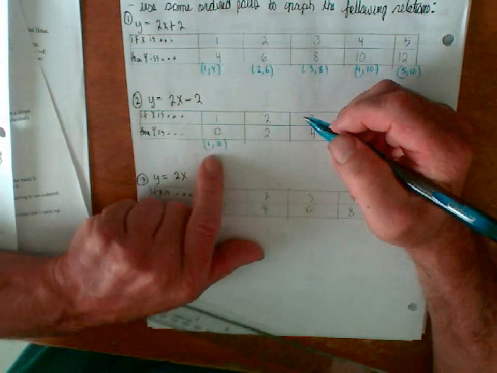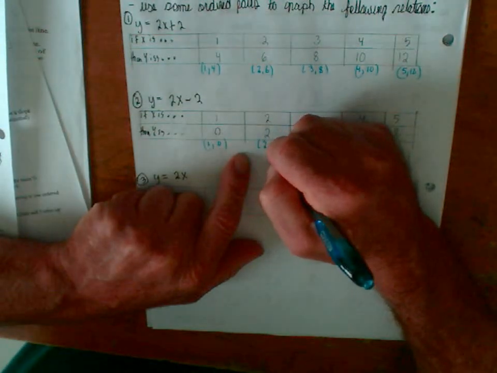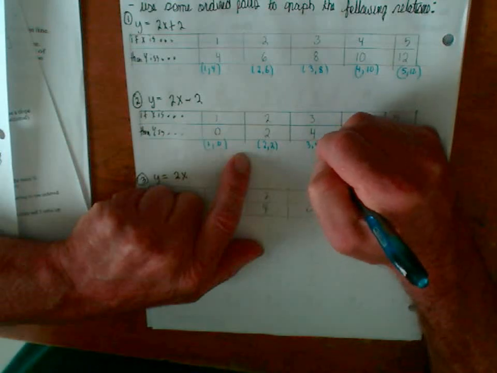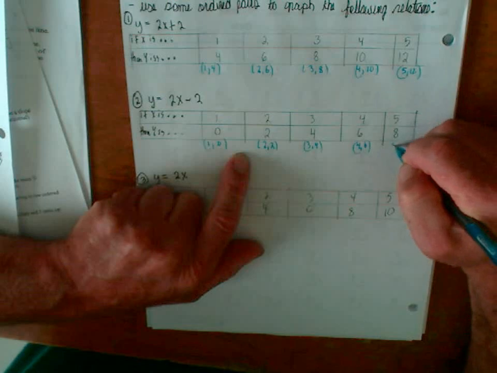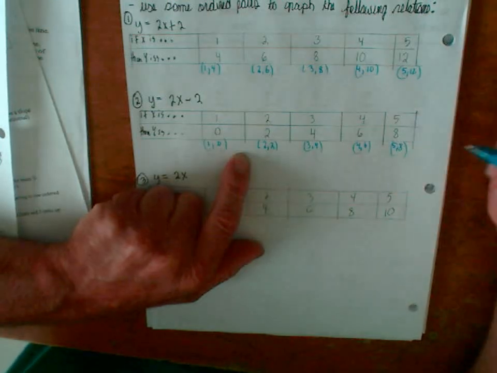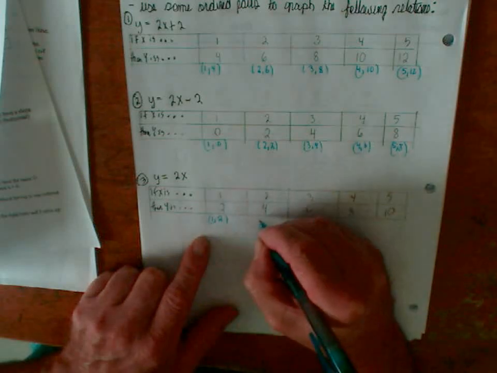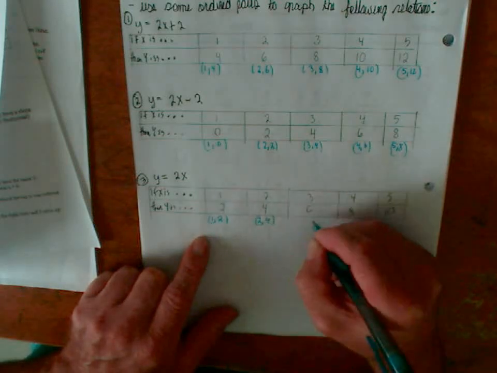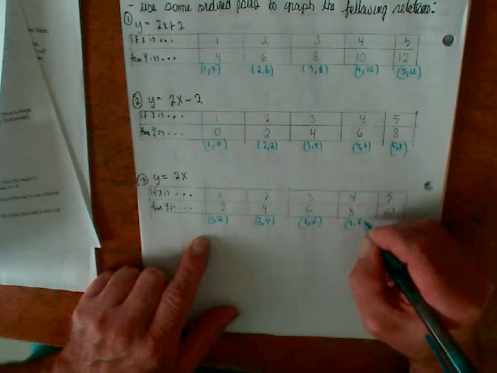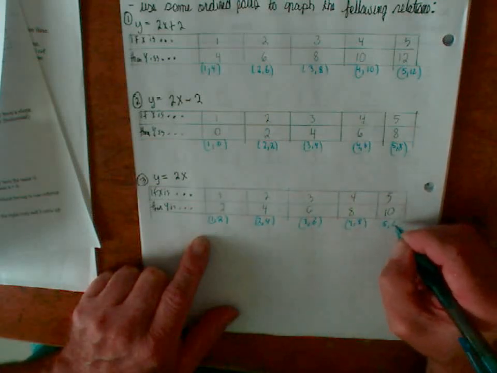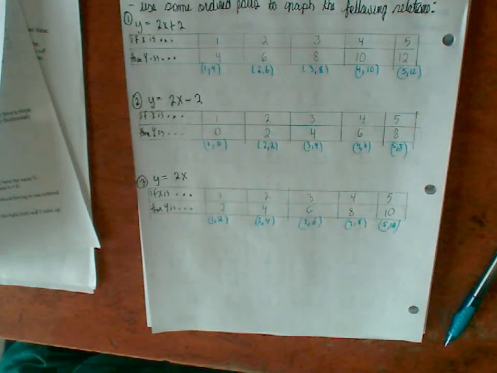Remember, x value always goes first, followed by the y. 2, 2, 3, 4, 4, 6, and 5, 8. And the last one, 1, 2, 2, 4, 3, 6, 4, 8, and 5, 10.